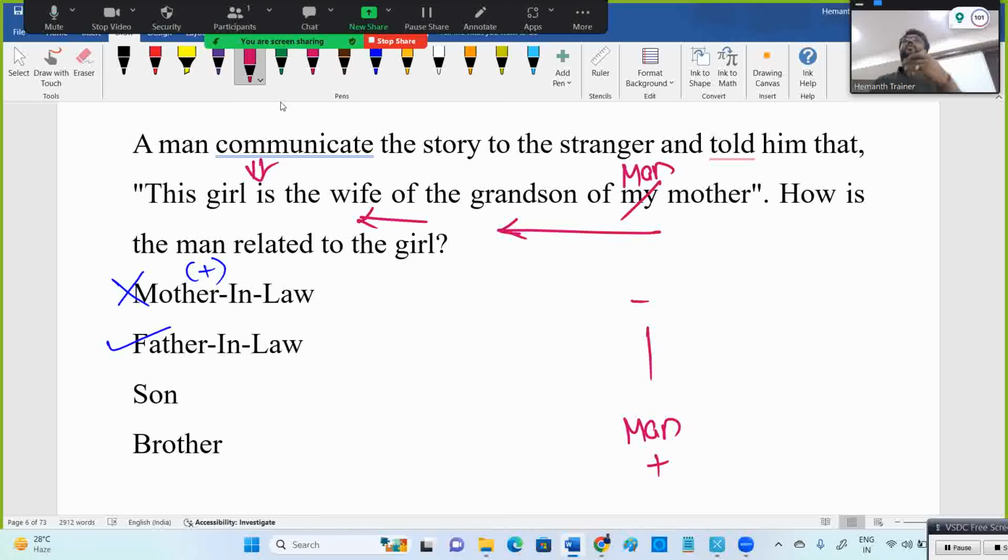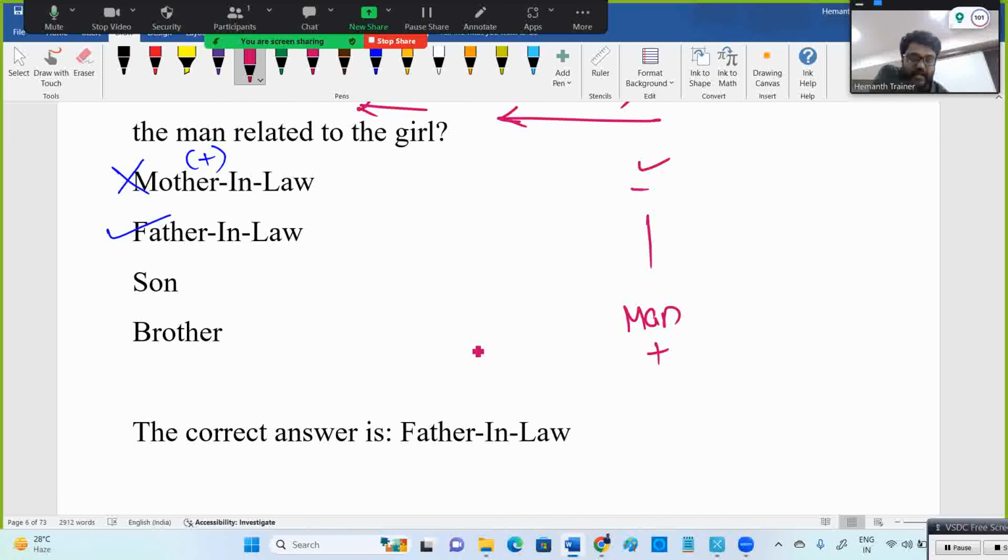Here you may get other options also, but here I'm considering that the man's mother has only one child, that man. Grandson means this person may have another son, another daughter, and their children are also grandsons. Possibility is there. But here I am considering grandson as the son of this man only. For this person, wife is the girl.